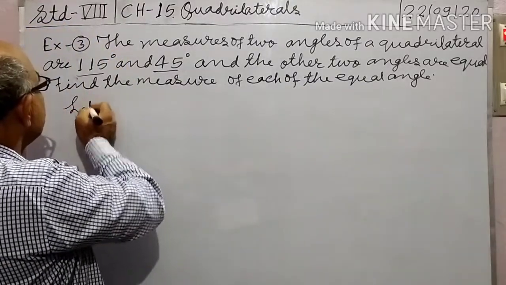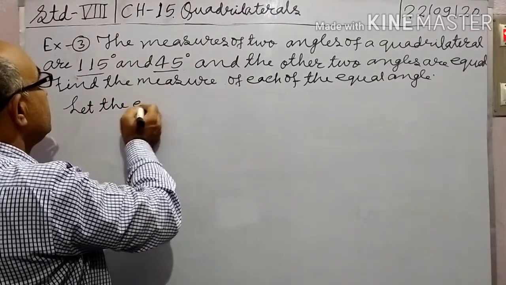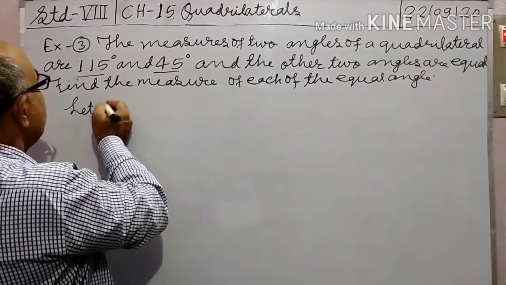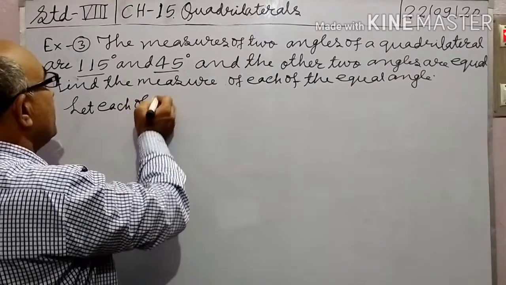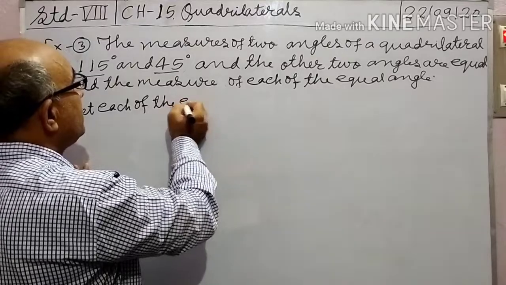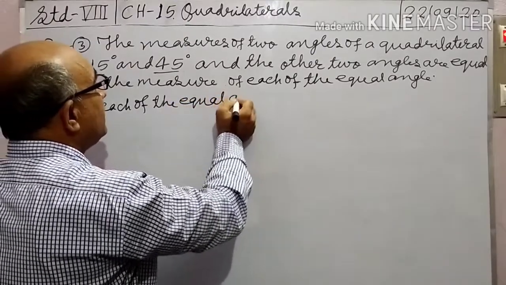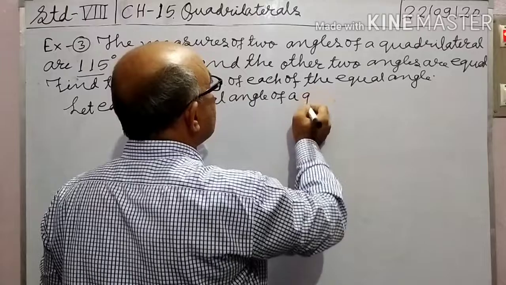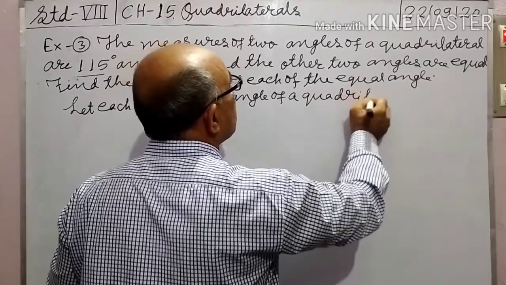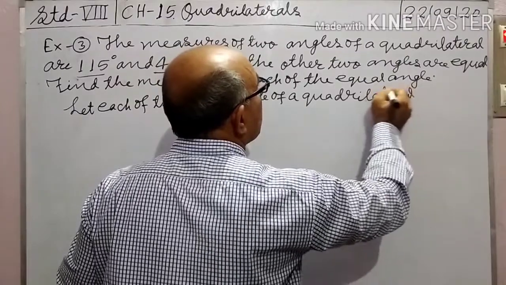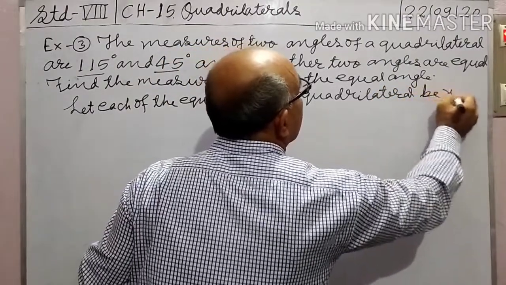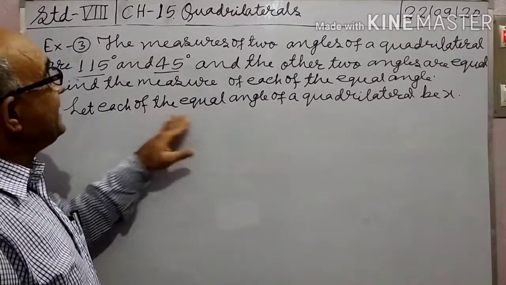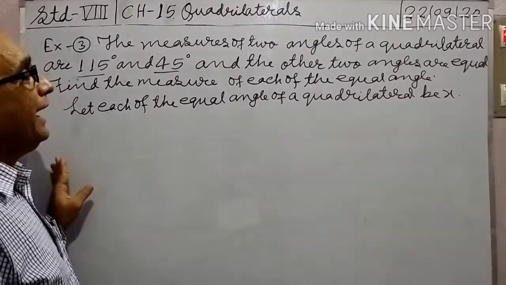So let each of the equal angles of a quadrilateral be x.